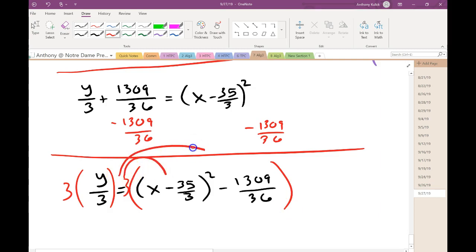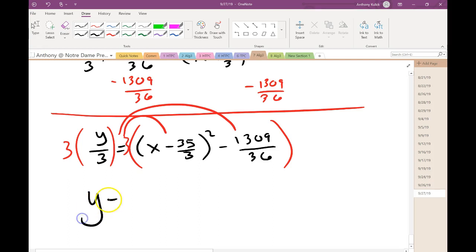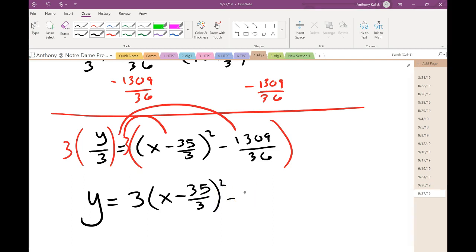So I make sure I distribute on the right-hand side. But the 3 can't multiply inside of the parentheses because I have the exponent out there. So I'm just going to write the 3 out front. What do I get when I do 3 times 1,309 over 36?